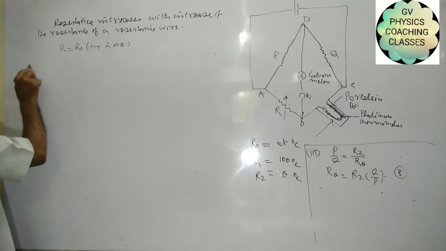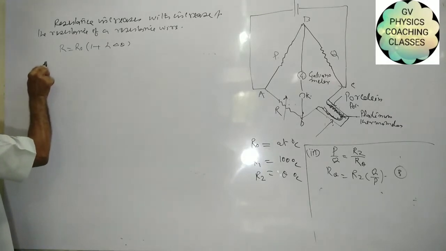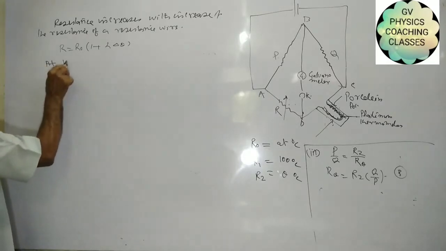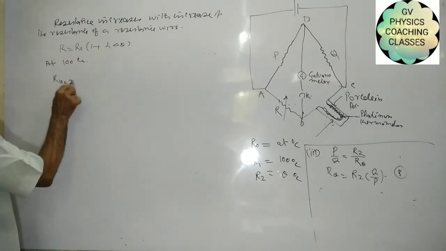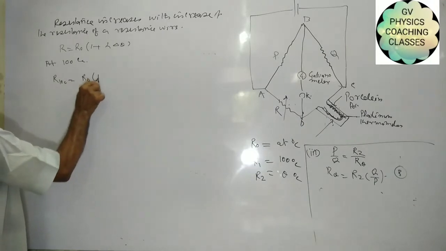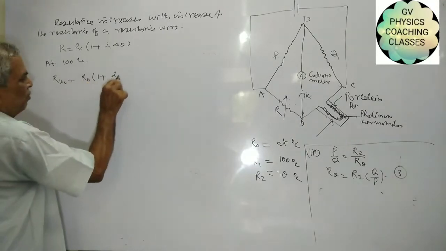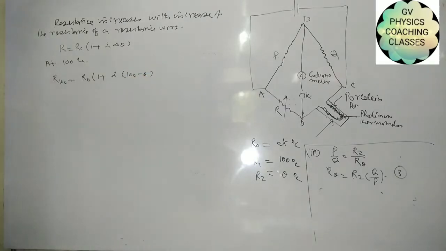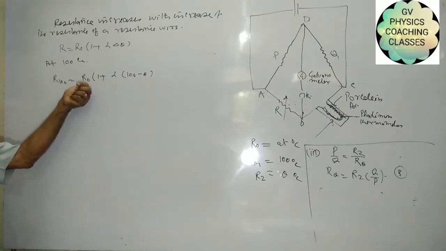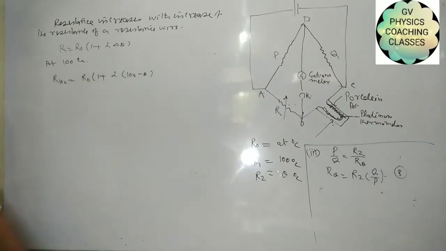At 100 degrees Celsius, R100 equals R naught into 1 plus alpha into 100, because R naught is the resistance at 0 degree Celsius.